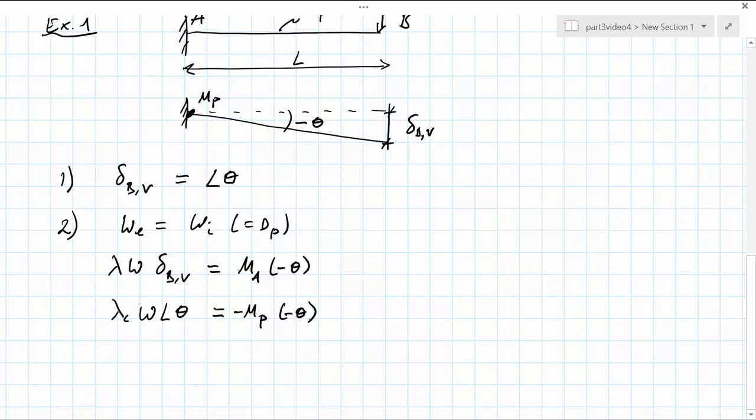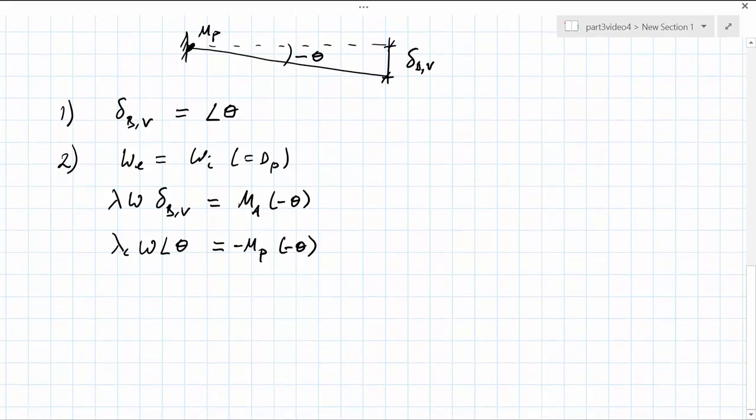We're using the minus sign because we need to make sure that the sign on the plastic collapse moment is the same as the sign of the angle of rotation. Then the plastic collapse load factor is given by MP over WL, or the plastic collapse moment is given by lambda C times WL.